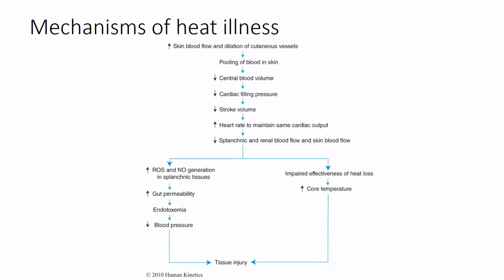This is literally doing damage to our GI, giving us a leaky gut from this lack of blood flow and the temperature changes, which in turn is eventually going to cause endotoxemia, which is going to insult our blood pressure because of all of the wonderful things that are now getting into our bloodstream that otherwise shouldn't be able to. And because of that, we're now doing damage to our tissues. Does that make sense? So it's two-pronged in how this is going to negatively affect our health. Okay?